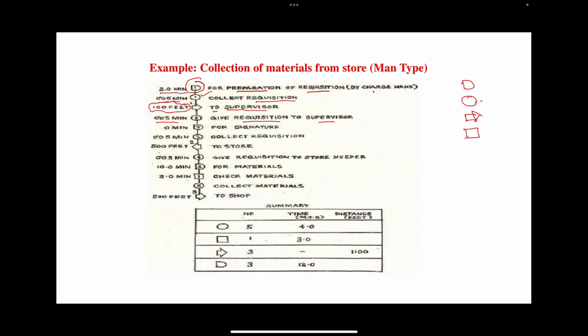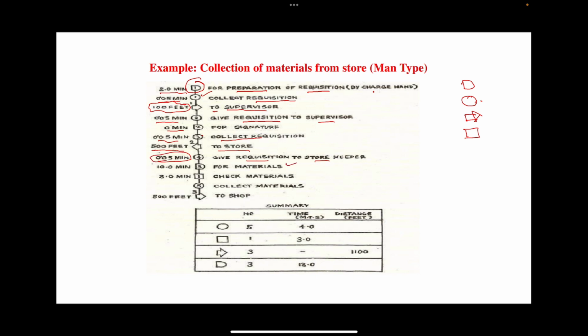Then for signature, it takes 0 minutes. Then you collect the requisition, which takes 0.05 minute. Then it is transported to the store, a distance of 500 feet. Then you give the requisition to the storekeeper, which takes 0.03 minute.